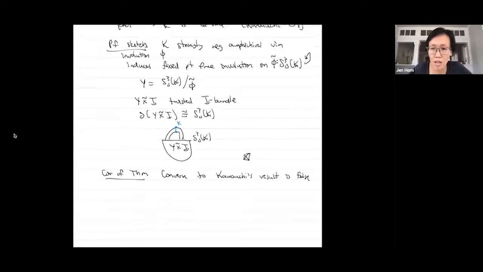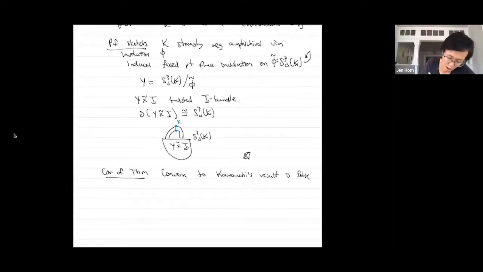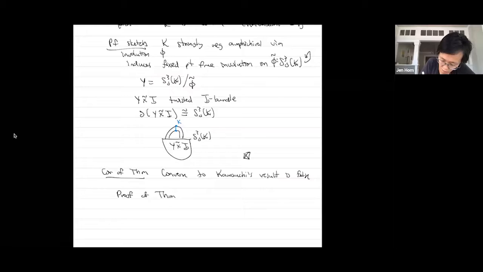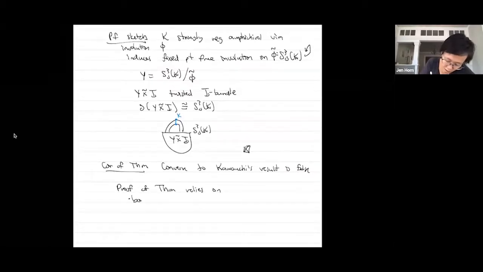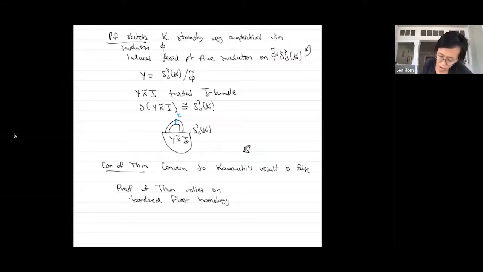All right, so now I want to talk about the proof of the main theorem. The proof of the theorem relies on bordered Floer homology, which is due to Lipshitz, Ozsváth, Thurston.